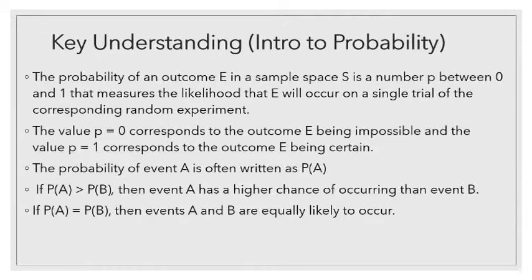If the probability of A is greater than the probability of B, then event A has a higher chance of occurring than B. And if the probability of A is equal to the probability of B, then the events A and B are equally likely to occur, right? So these are some of the key understanding from yesterday's lesson.